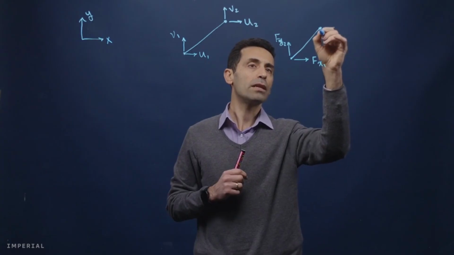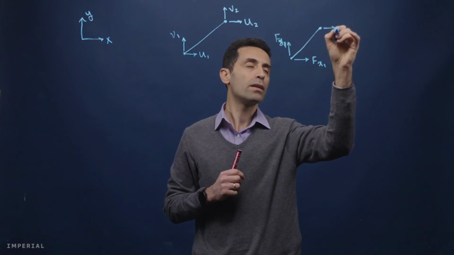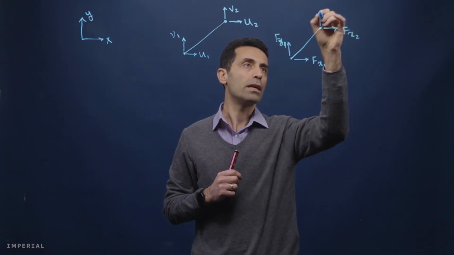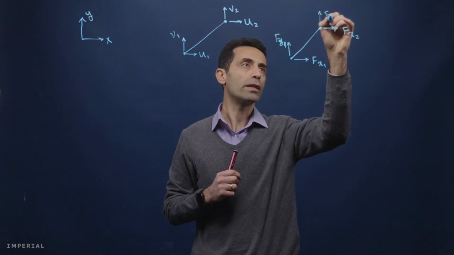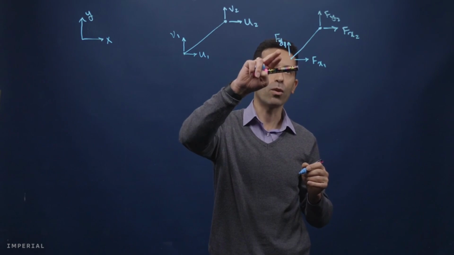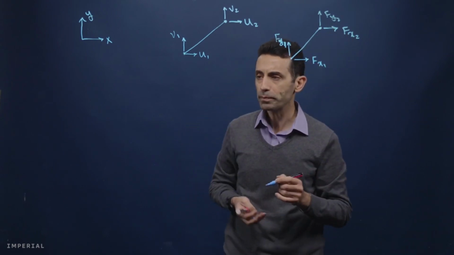And then similarly for node number 2, this will be fx2, and this will be fy2. All right, so fx1, fy1, I had to correct this, and then fx2, fy2.